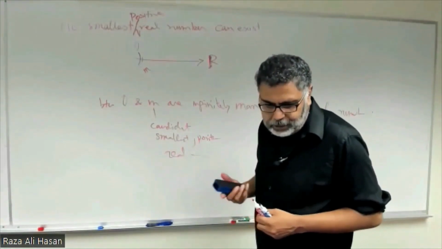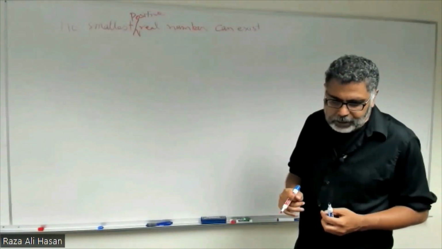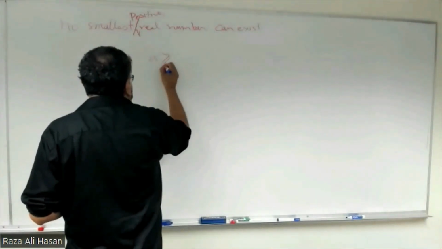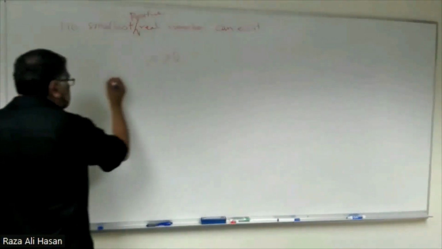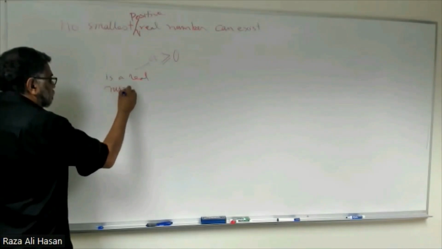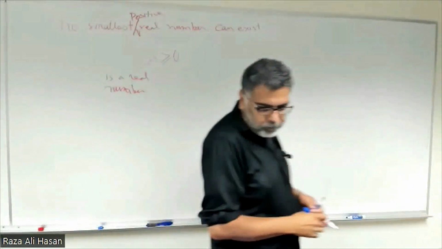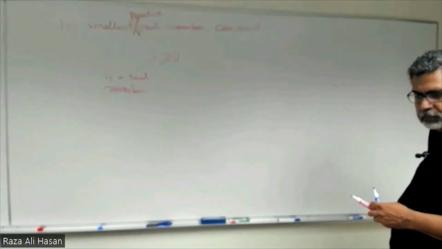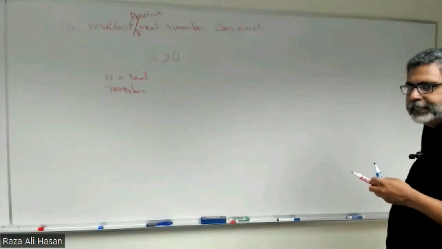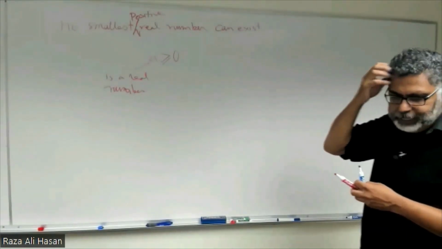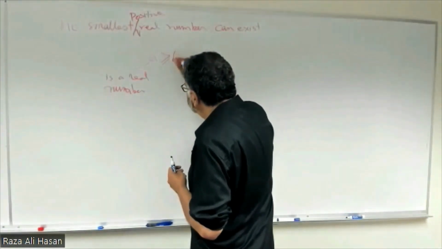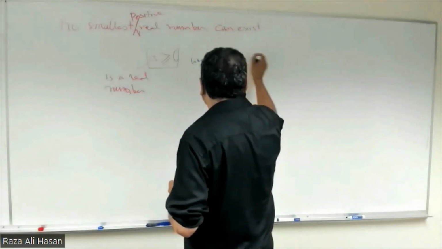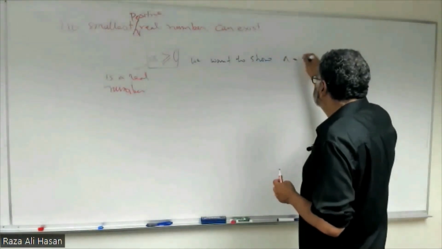So then it says that if you have A greater than or equal to 0, and A is a real number, what you want to prove about A is that it is actually equal to 0.